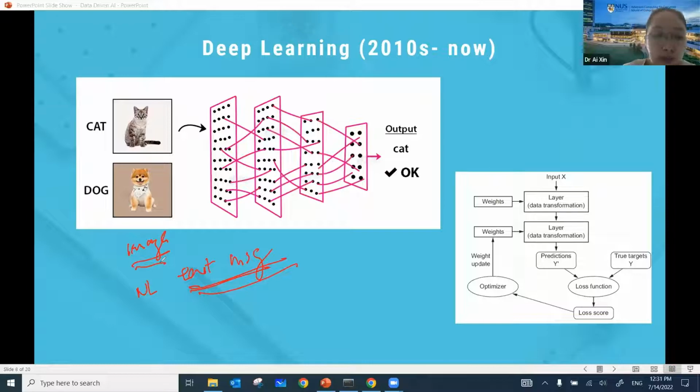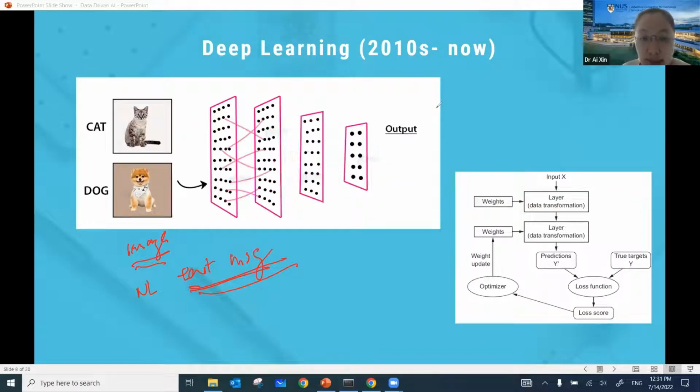Because before the deep learning era, most machine learning was focusing on tabular data. But tabular data is mainly useful in the business environment, right?